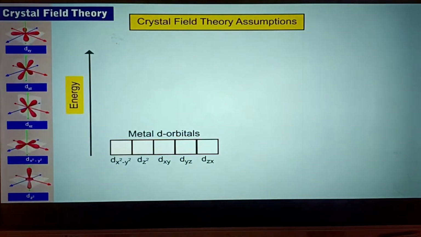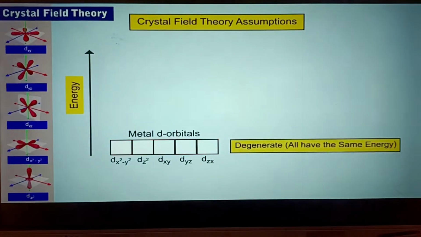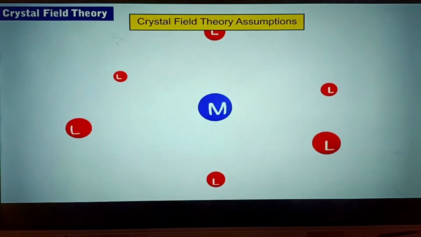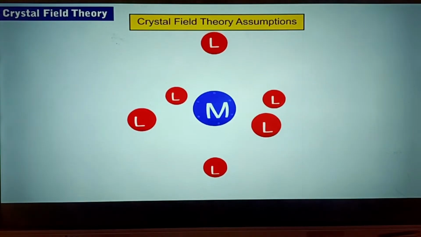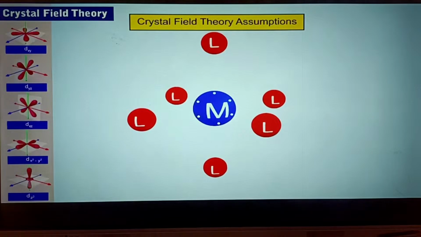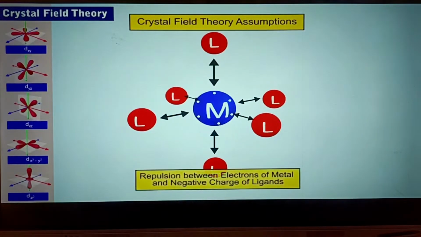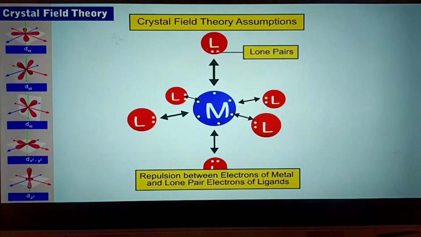The 5 d orbitals in an isolated gaseous metal atom or ion are degenerate. That is, they all have the same energy. However, when the ligands approach the metal ion to form a complex, the electrons in the d orbitals of the metal will be repelled by the negative charge, or lone pair electrons of the ligands, due to the repulsion force between the like charges.